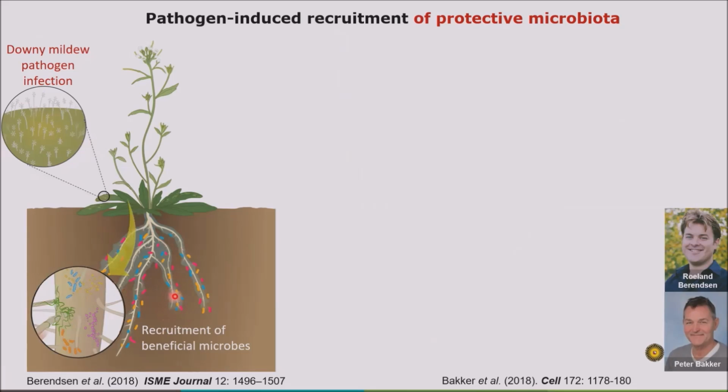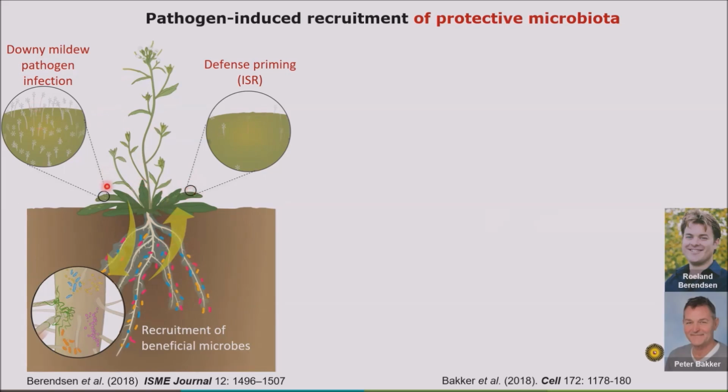And we have demonstrated that there is a group of microbes that become highly abundant on the root system in response to downy mildew infection. When we isolate those microbes and provide them back to the plant, we see that these microbes are able, as a consortium, to induce systemic resistance that leads to enhanced protection against this downy mildew pathogen.